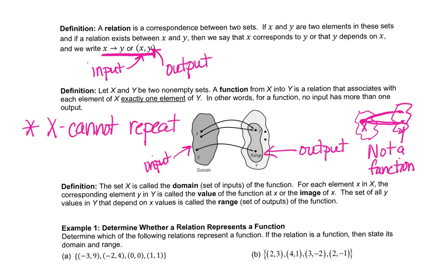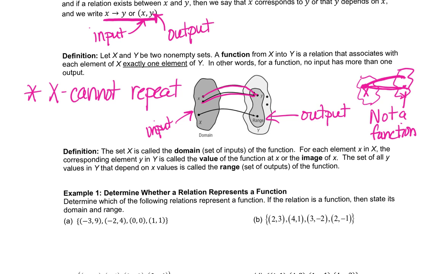So x cannot repeat. Over here, this x can go to this y and this x can go to that y, but this x can't go to this y and this y. Okay, it can only go to one.